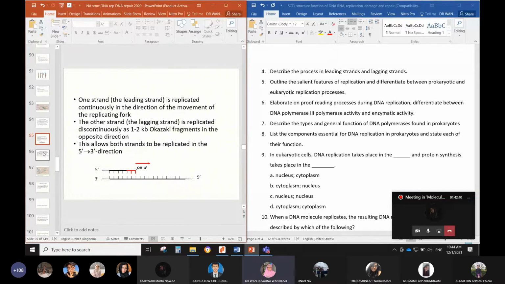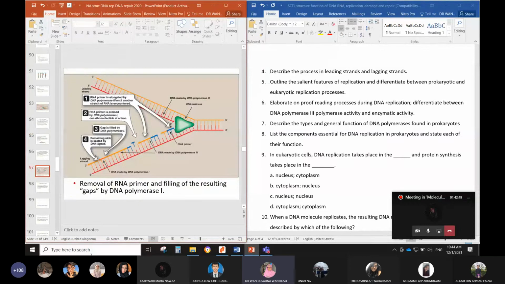How this happens is by the formation of Okazaki fragments. The initiation of replication is done multiple times, so you have to make a new primer each time a fragment is started.